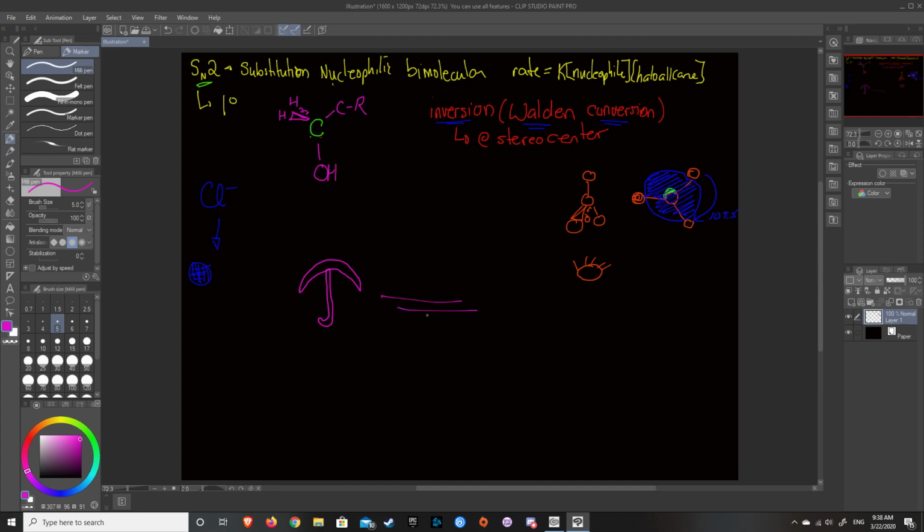There's a gust of wind, and this gust of wind takes your umbrella and it flips it. And that's exactly what this does when it comes in. Now your umbrella, instead of repelling rain, is acting as a big cup for rain. So it's inverted that umbrella, and it's the exact same thing during an Sn2 substitution reaction. It inverts the center.